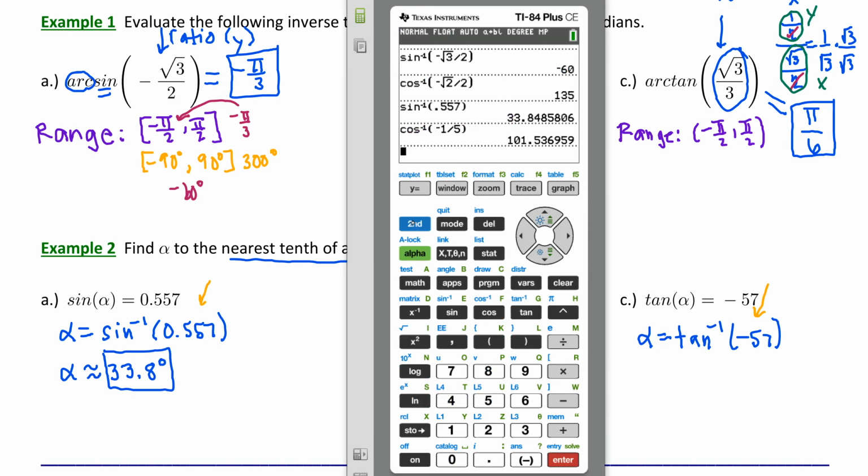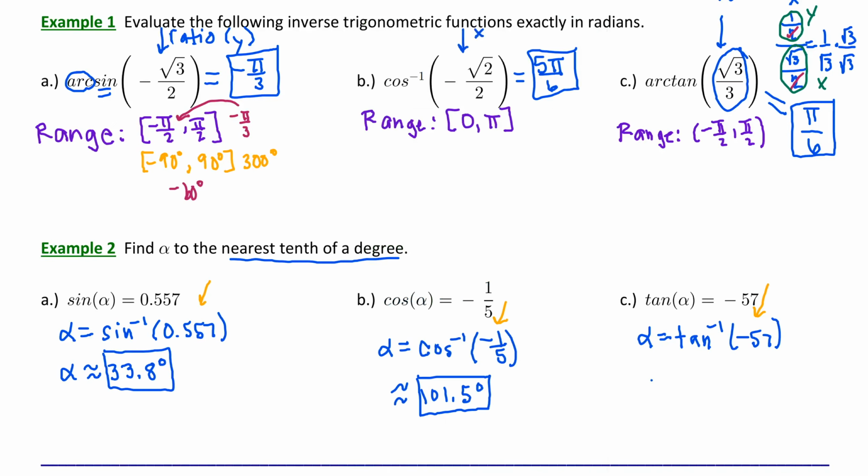So we'll evaluate inverse tangent of -57. And we obtain -88.99, we're going to round this to the nearest tenth, so we better call that -89.0. So approximately, squiggly equals means approximately -89.0. Notice that's a value between -90 degrees and +90 degrees.